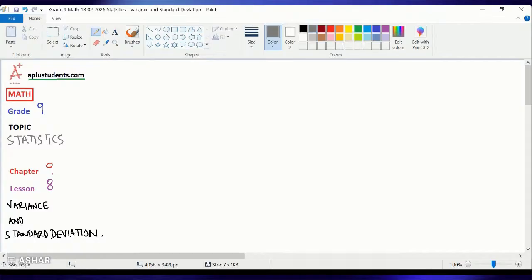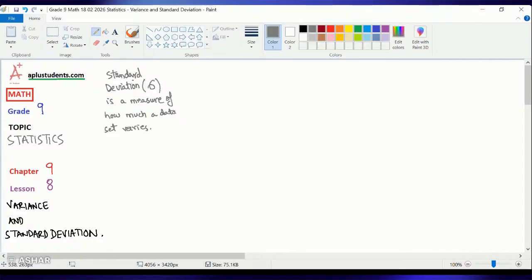Okay, we can say standard deviation is denoted by this sign, a rho. Standard deviation is a measure of how much a data set can vary.